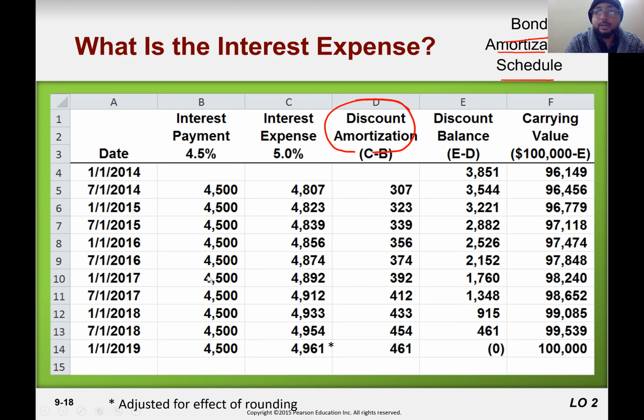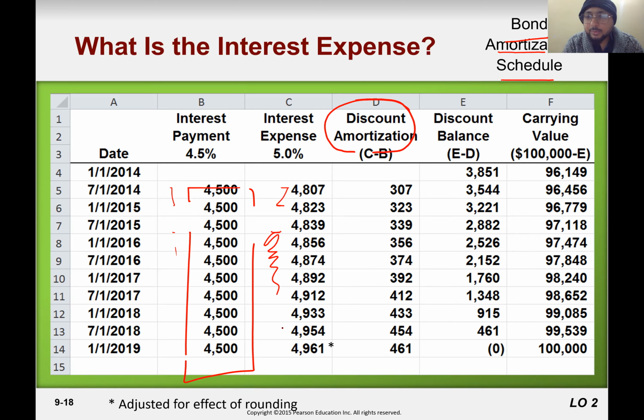So we know that it is based on face value. Face value remains the same, so that's why we have the same 4,500, 4,500, 4,500. But you see, values are changing. Did you notice one thing? Interest expense at every level is greater than the interest payment.